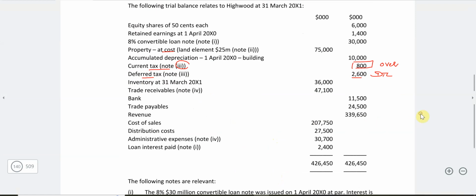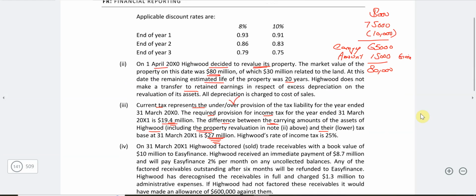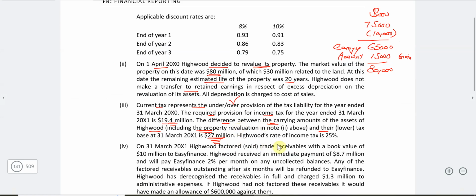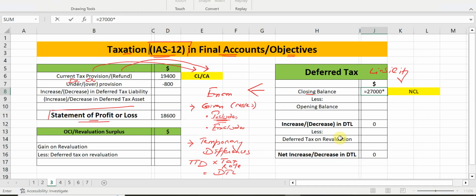No, the additional information. It says the temporary difference is 27 million. So what we can do is 27,000 into the tax rate. Now, how much is the tax rate? The tax rate is 25%. So we multiply it by 0.25.